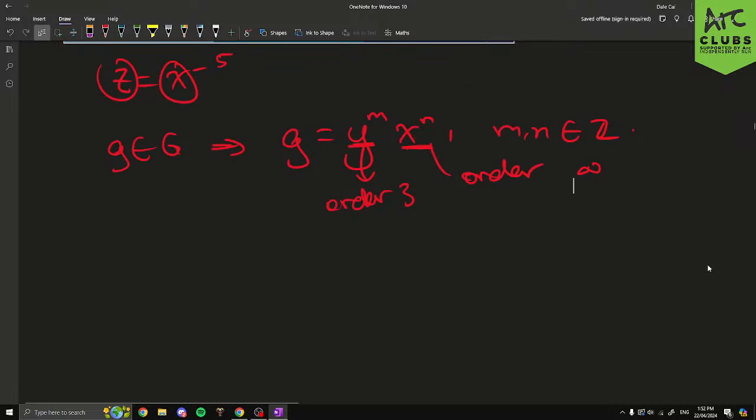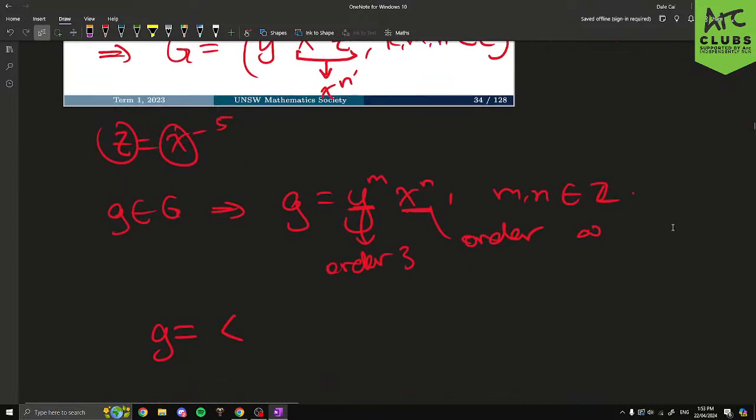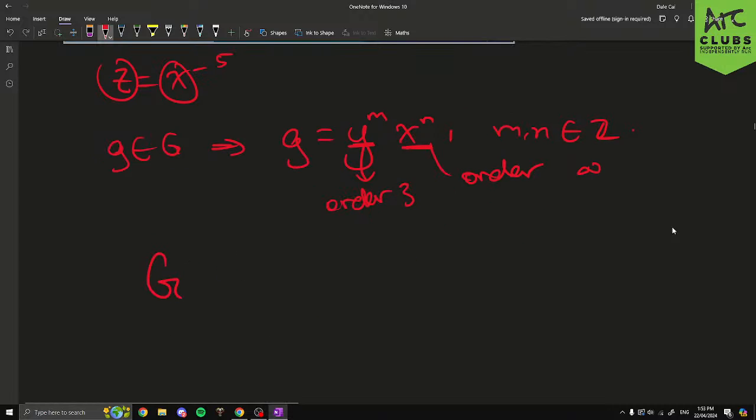And that means since G is now the direct product of the group generated by x and the group generated by y, G is equal to the group generated by x times the group generated by y, which we know is isomorphic since these are independent and they commute.